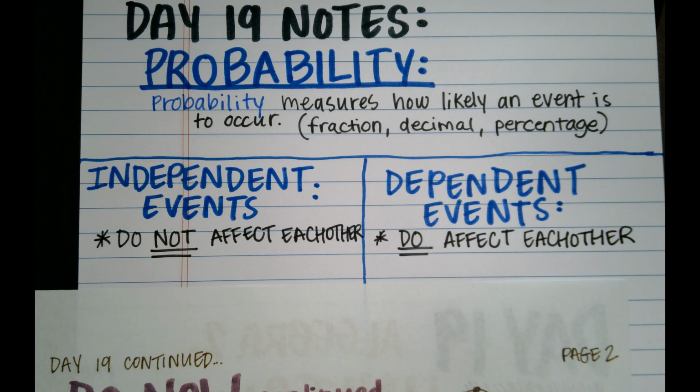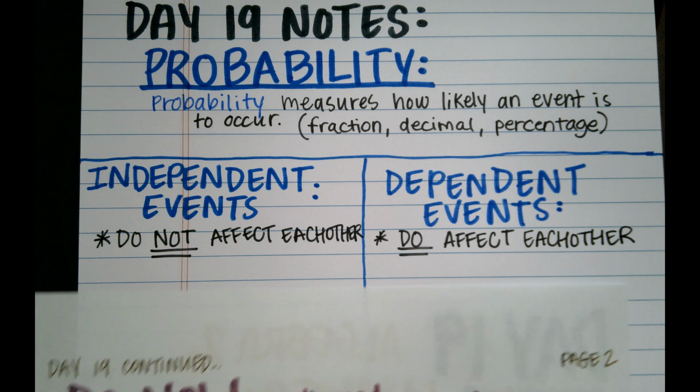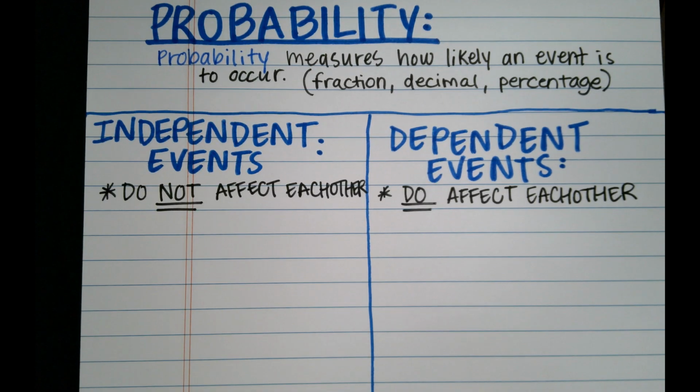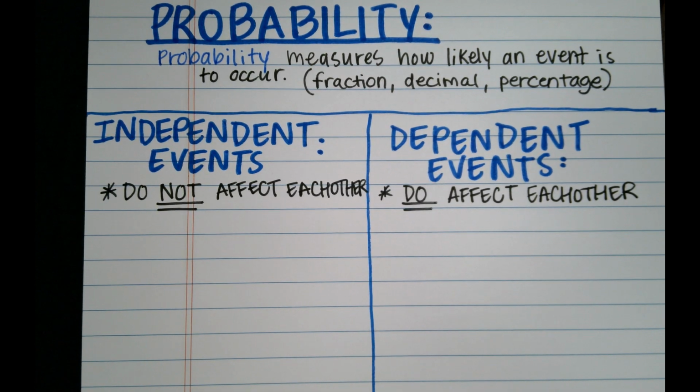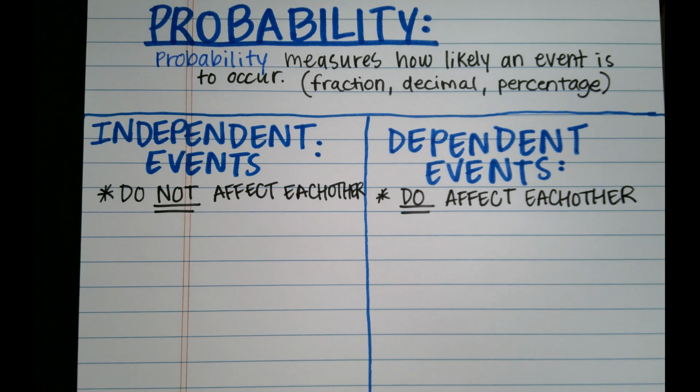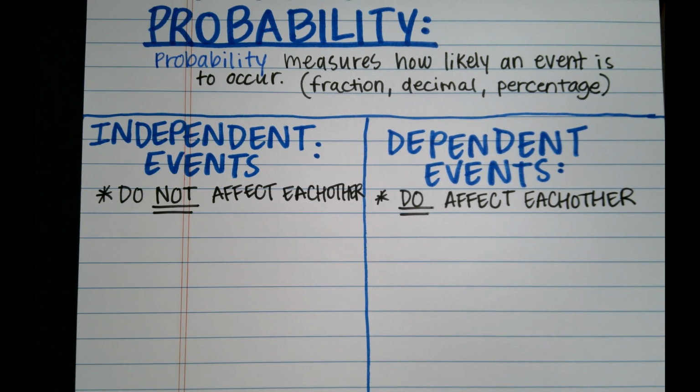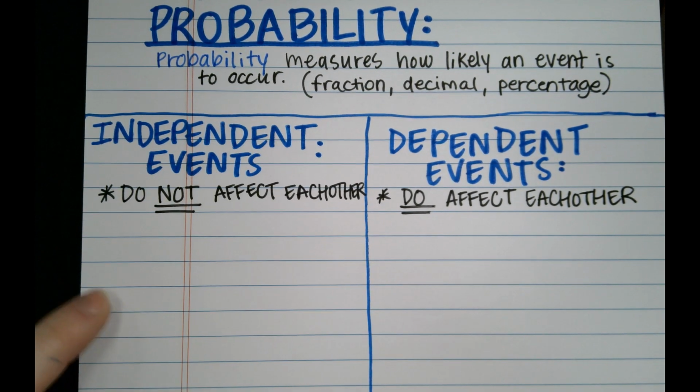I'm doing the same process. Nothing has changed. It's the same probability. Here's how we would write something like this. And here's how we can kind of explain number 4.